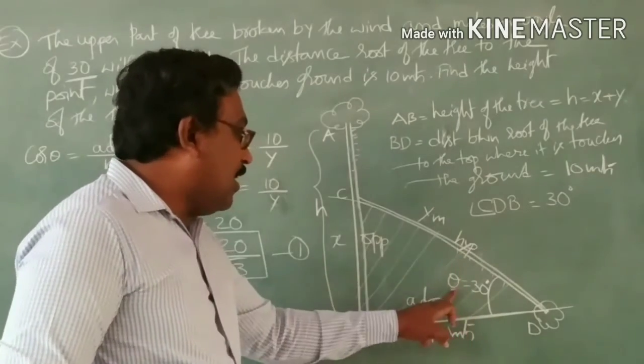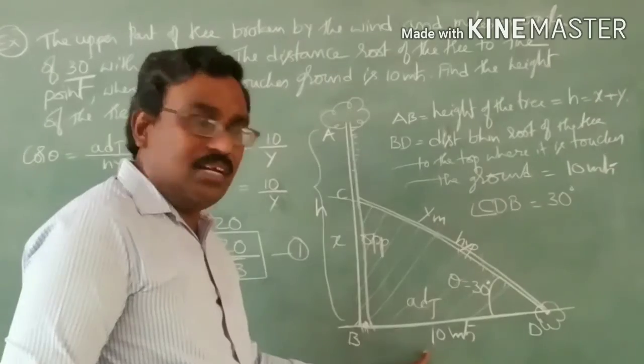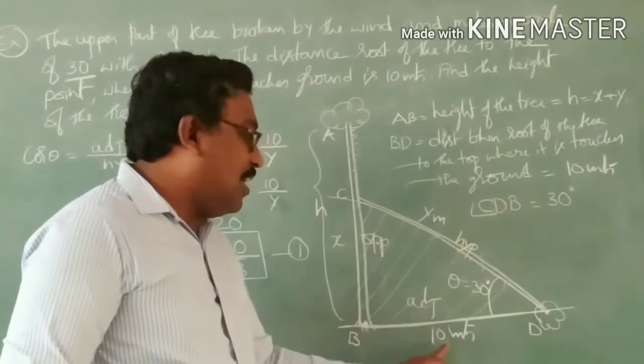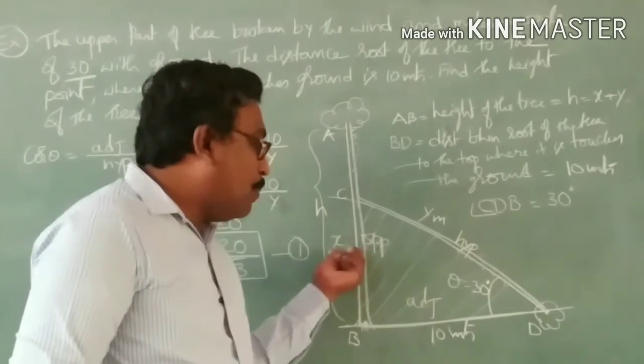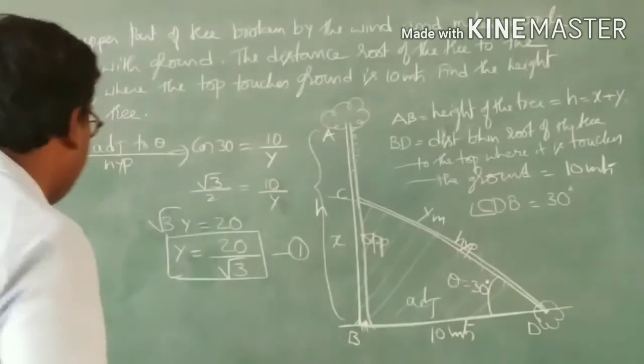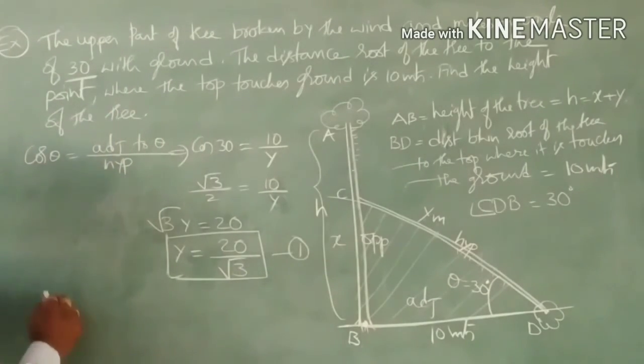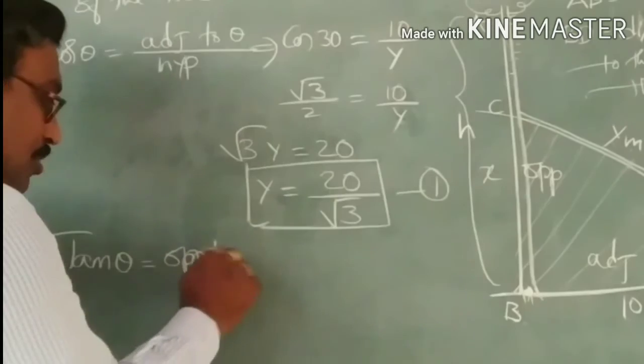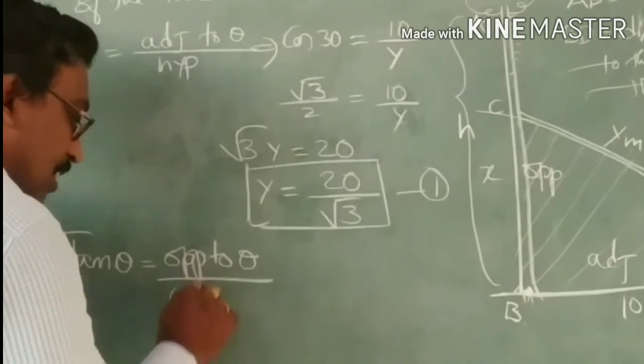With respect to theta, opposite and adjacent. This is the opposite side and this is the adjacent side. Opposite by adjacent is tan theta. Tan theta is equal to opposite to theta by adjacent to theta.